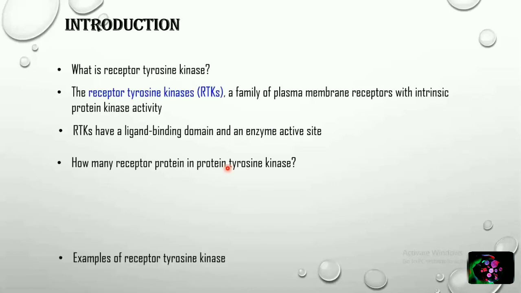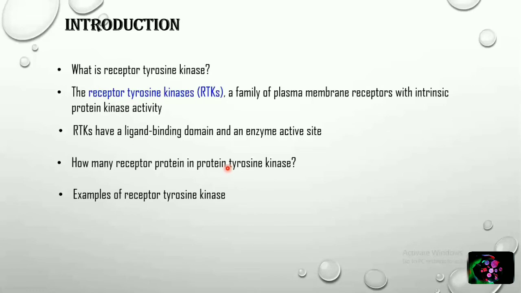Then, examples of receptor tyrosine kinases. Examples include the insulin receptor, epidermal growth factor receptor, the platelet-derived growth factor receptor, which was described by Cross in 2001, then the high affinity nerve growth factor and fibroblast growth factor receptors.